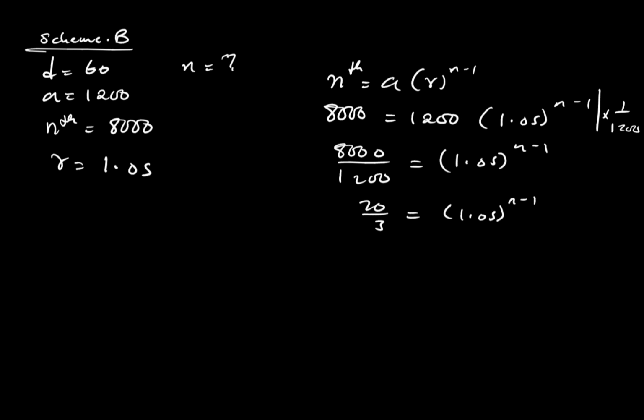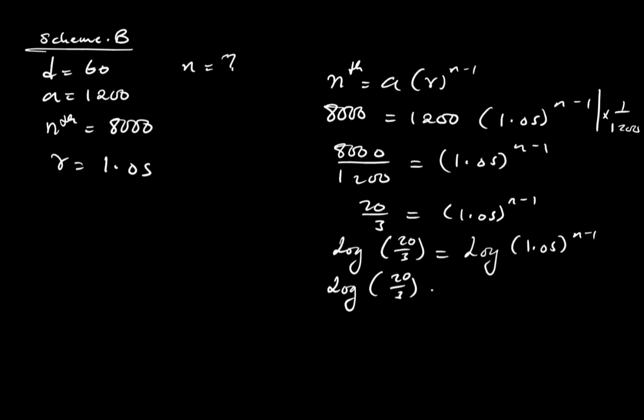So when we introduce logs, this will be log 20 over 3 being equal to log 1.05 to the n minus 1. So the power of logs allows us to drop the powers. So log 20 over 3 is equal to n minus 1 times log 1.05.